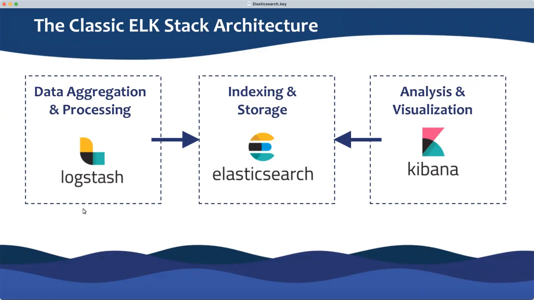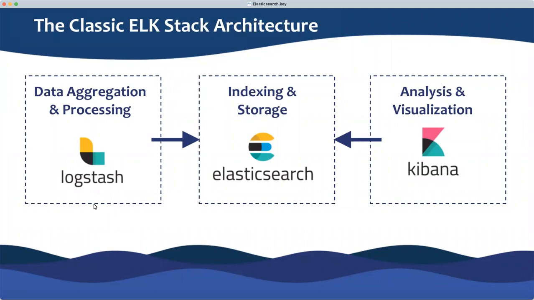And these may be coming from different sources. So we may have application instances across the world, and we may still want to aggregate all these logs, perform some kind of transformation on them, and then store them somewhere. So the aggregation and processing part is what Logstash handles.